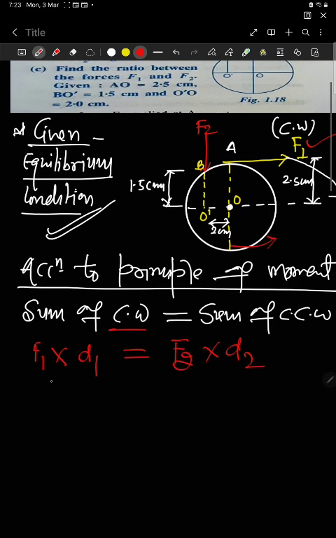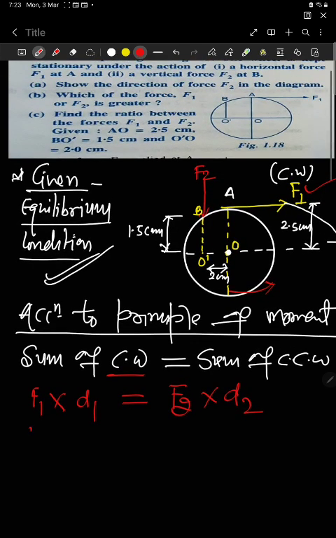Here we don't know the force F1, but we know the distance, which is 2.5. Then F2 into which distance?